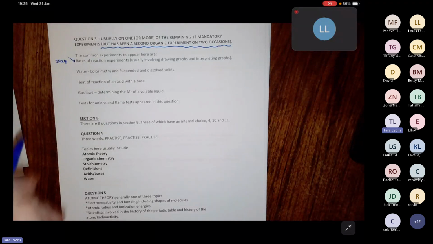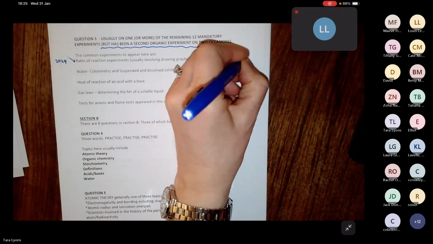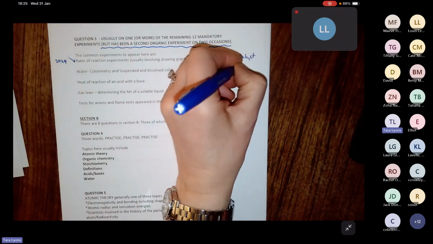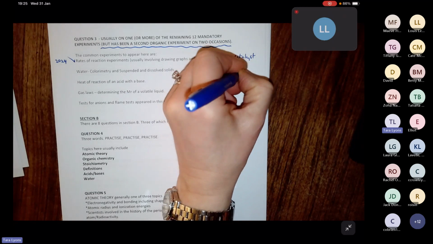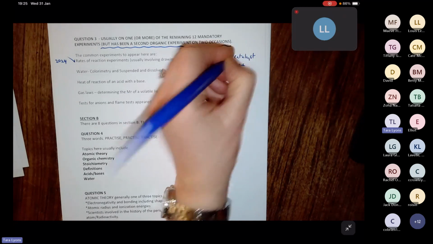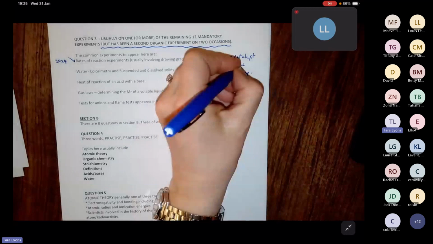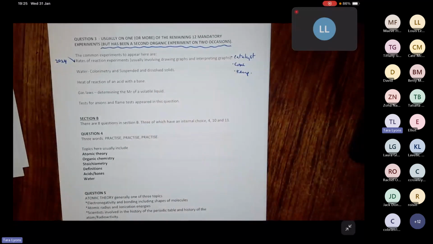So there's only 3 of them: your catalyst, how concentration and temperature affect the rate of a reaction. There's 3 different parts to that. So I would definitely look at a question on each one of those and practice drawing graphs.